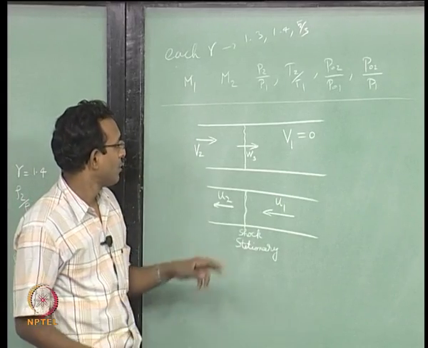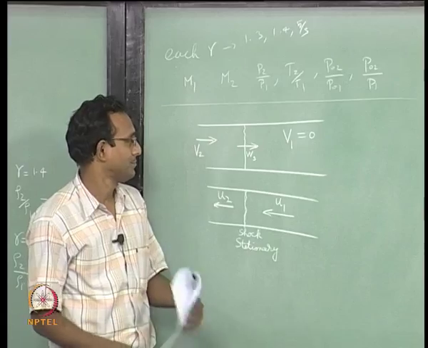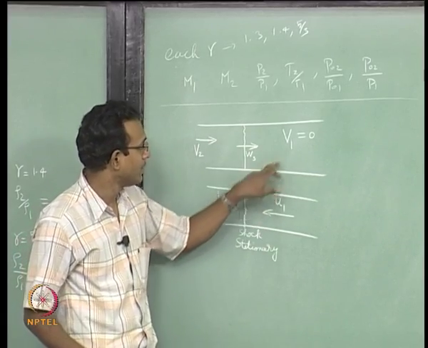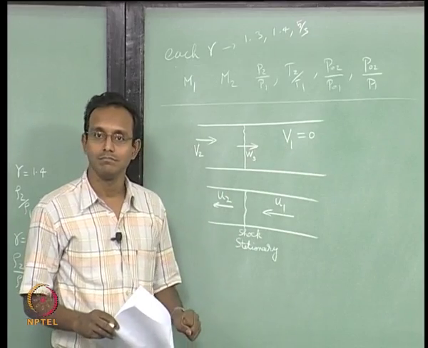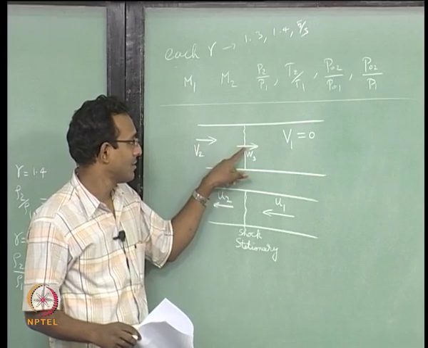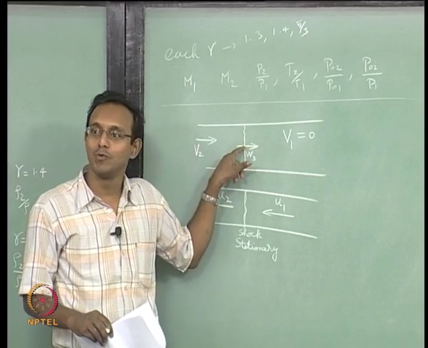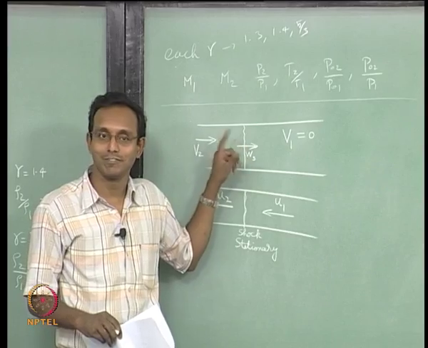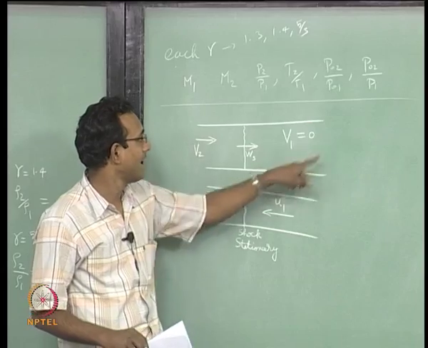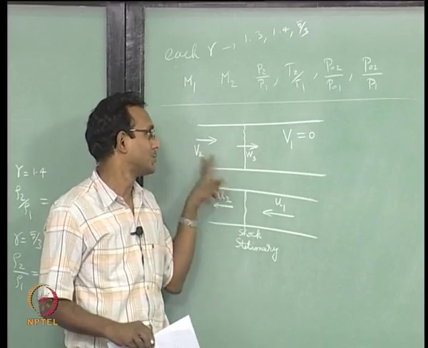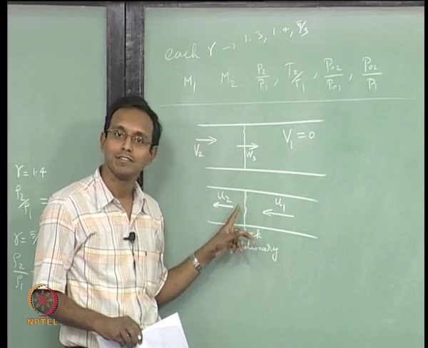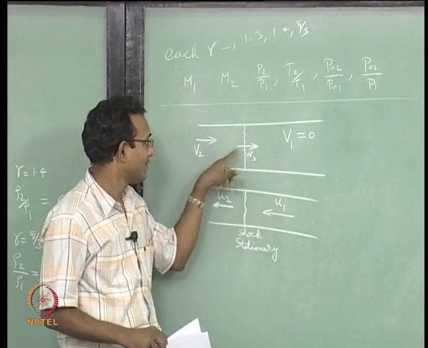Now, I want to go from one reference frame to the other. How will I do it? I want to write u1 in terms of v1, easy, right. Change in reference frame is just because this reference point is now moving with respect to my original reference. So, if I add a negative Ws to this whole system, then the shock will become stationary, Ws to the left will make the shock stationary.